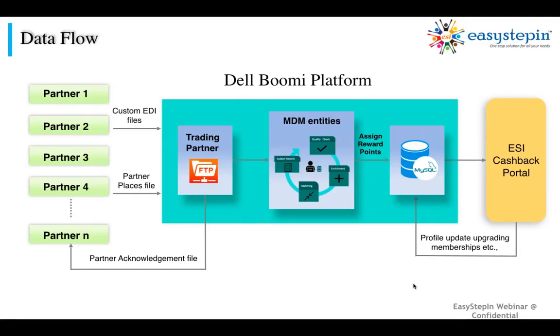The Boomi process then transfers the data to MDM. In MDM, the data goes through a series of steps to validate the transaction information. Once all the rules are matched, a golden record is created in MDM. The golden records are then pulled by the Boomi integration process and sent to the database by assigning reward points. The data is then synchronized into the ESI cashback portal using a Boomi integration process. The partners and users can log into the portal and view the transaction history, reward points, etc.